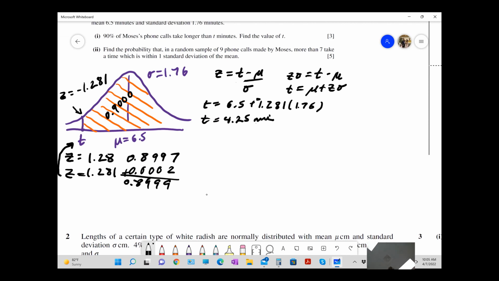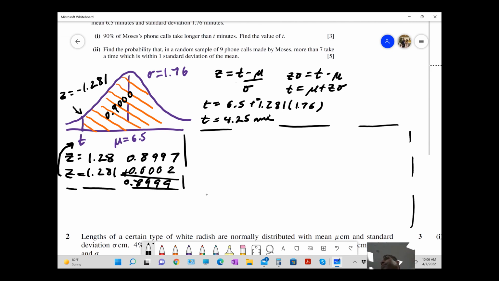So the first thing we got to do is figure out what 1 standard deviation from the mean means. And so this is actually a rather difficult question to put conceptually because you got to have practice. Find a probability in a random sample of 9 calls. So this is mixing up a lot of things together.